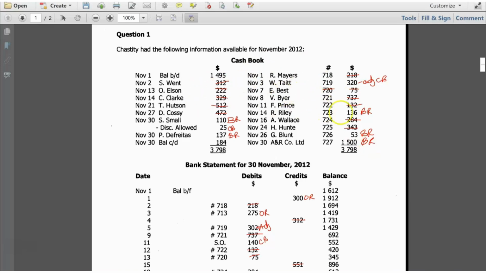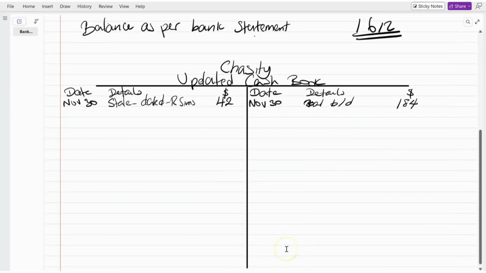So we're not going to write 302 in our cash book on the credit side. No, we have to do the adjustment by using the difference, and we will put the difference on the side for the overstatement. We will put the difference on the debit side in order to reduce the amount. So let's do that one next. So we have here another debit transaction, which is the adjustment.